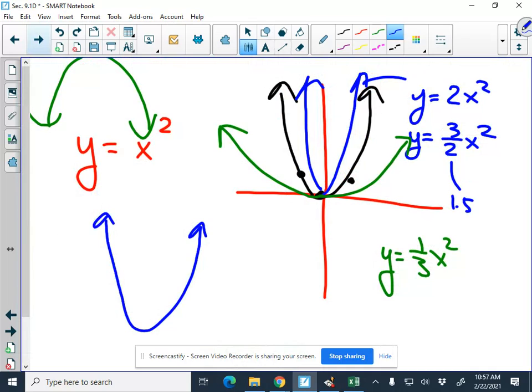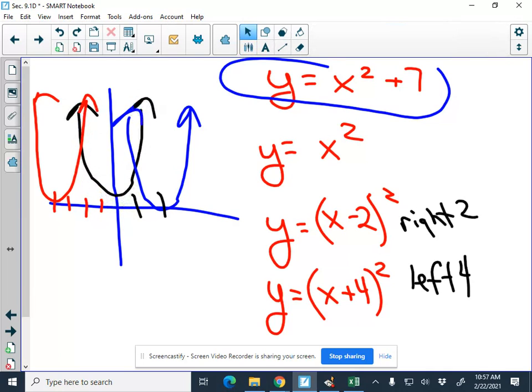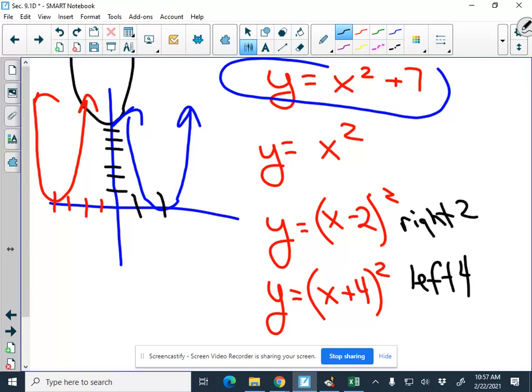So, in terms of our parabolas, this plus 7 here would have taken our parent function and moved it up 1, 2, 3, 4, 5, 6, 7, and it would be up 7. Okay? Missed a little bit, but we get the idea. The graph moved up 7.